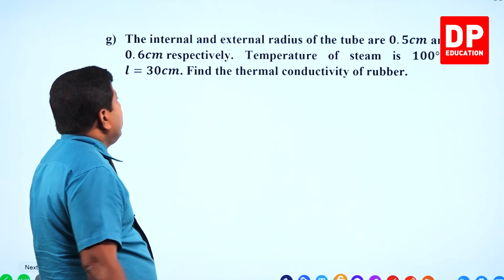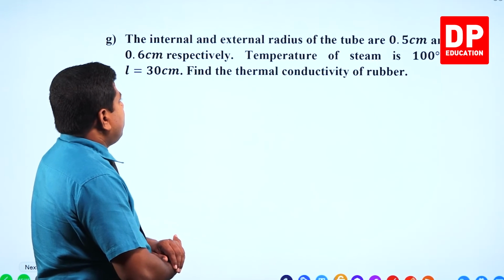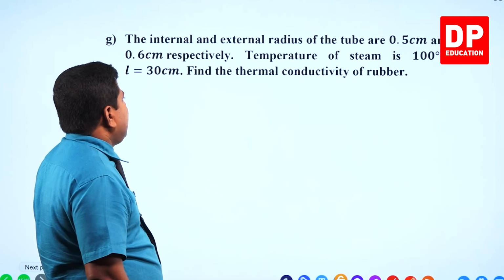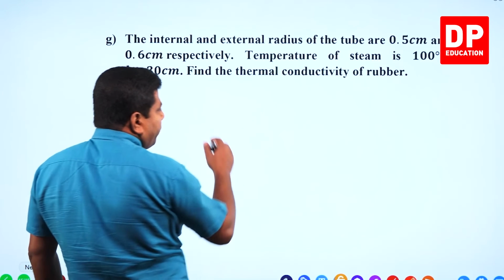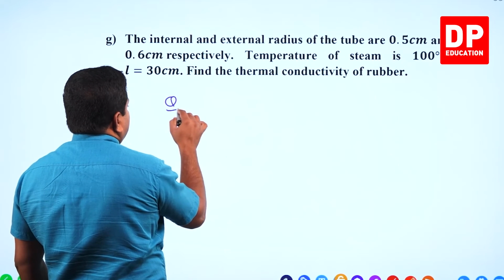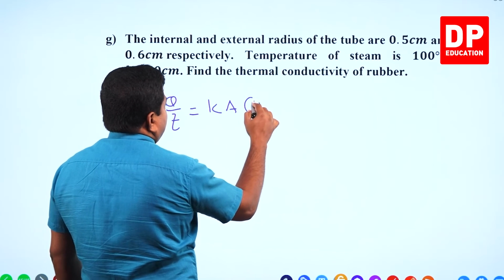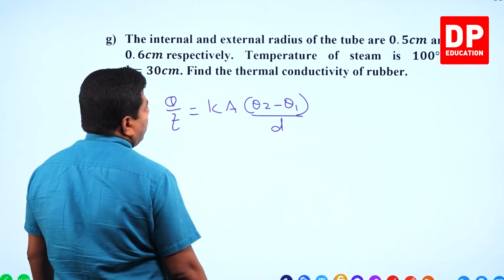Next, the internal and external radius of the tube are 0.5 centimeter and 0.6 centimeter respectively. Temperature of steam is 100 degrees centigrade. L is 30 centimeter. Find the thermal conductivity of rubber. So you know Q by T has to be K A, this is the usual formula.